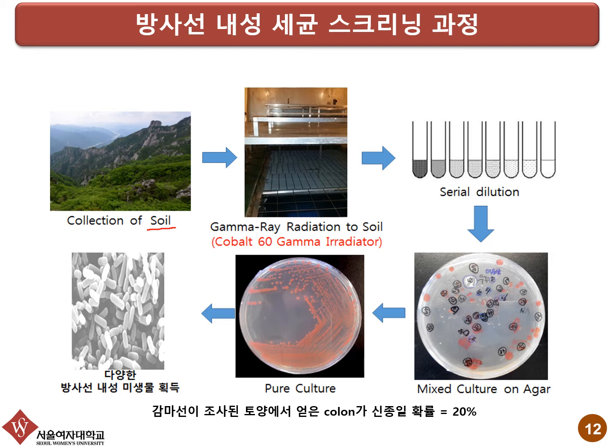For gamma radiation, we use the cobalt 60 gamma irradiator, and after irradiating the soil sample with various doses of gamma radiation, we serially dilute the soil sample using saline. After serial dilution, we spread it onto agar plates.